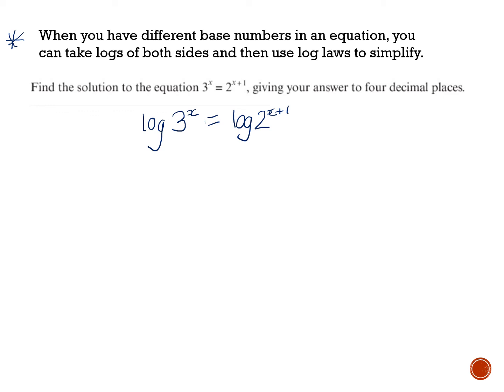If you ever see log with no base number written next to it, log with no base number is log to the base 10. And we generally, as a rule, will use this when we're taking logs of both sides as a technique to solve the equation, but we're not bothered about the base.